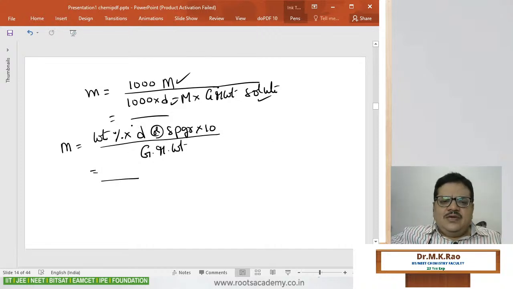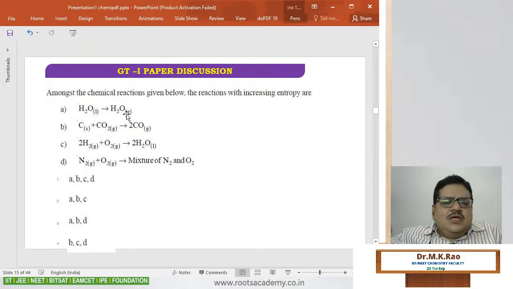Fine. Next. Among the chemical reactions given below, which shows an increase in entropy, the degree of disorderness? Entropy means degree of disorderness. Here liquid water has fewer particles, and water vapor has more particles. So entropy is increasing.